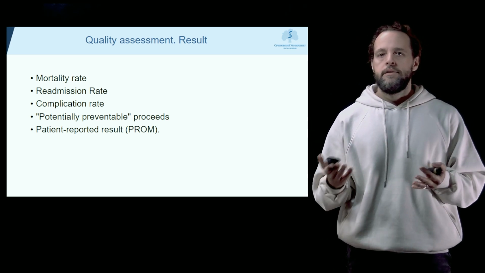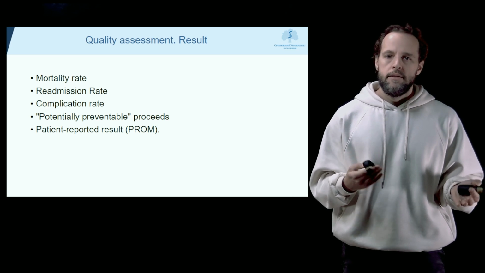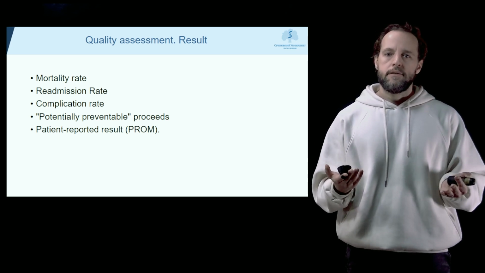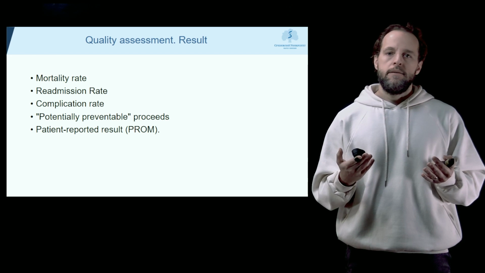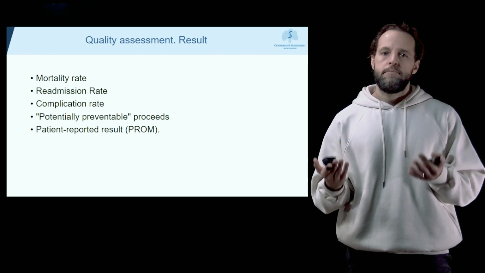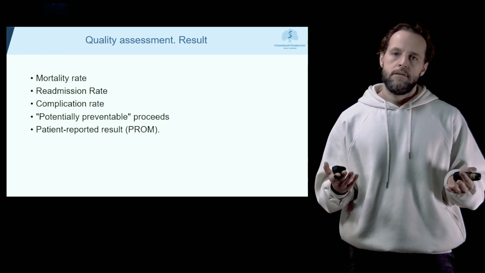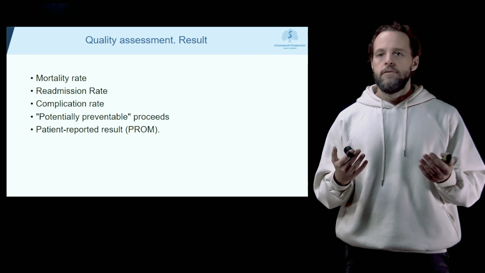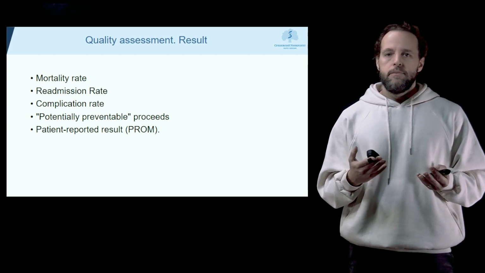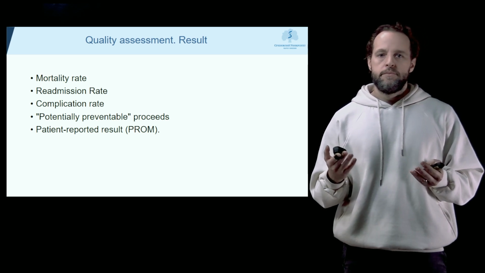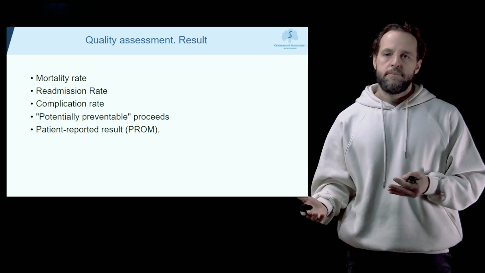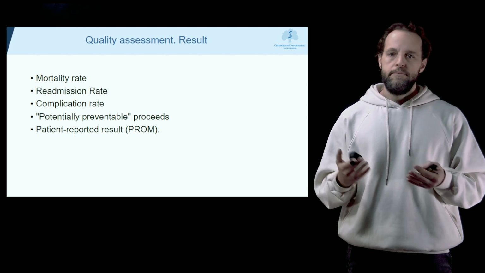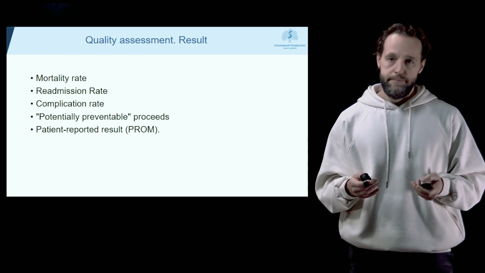Examples of evaluation of the results will be mortality rate, readmission rate, rate of complications, potentially preventable complications, and sometimes it will be referred to as outpatient hospitalization or prevented hospitalization.